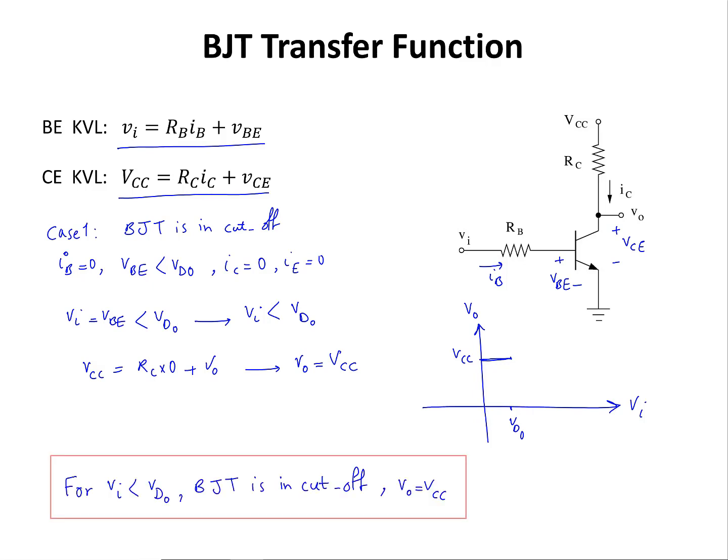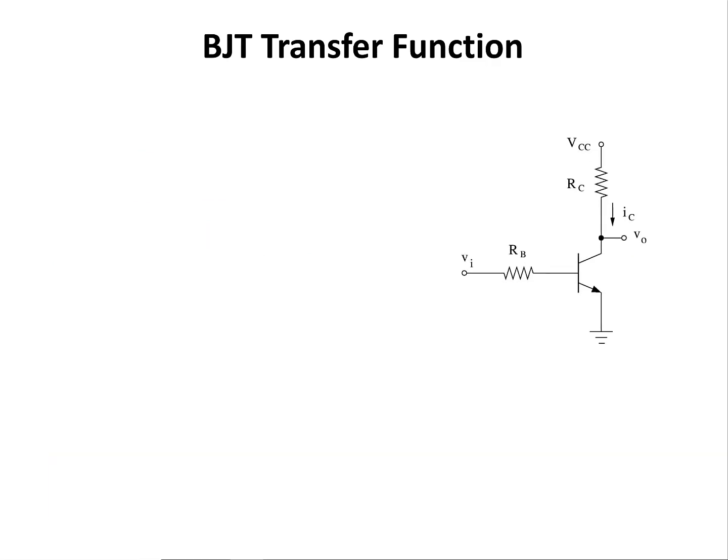Moving on to case 2. In case 2, I want to find out for what values of Vi the transistor is going to be in active mode. So when the transistor operates in the active mode, BJT is on and voltage of base emitter equals VD0.